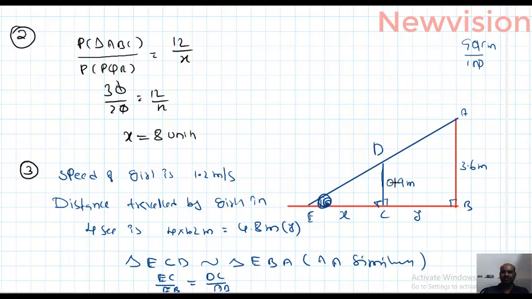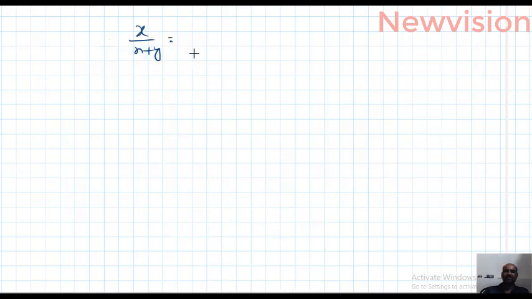So now you want to substitute EC by EB. EC means x by x plus y equal to DC, 0.9, by AB, this one, 3.6. So 0.9 by 3.6.